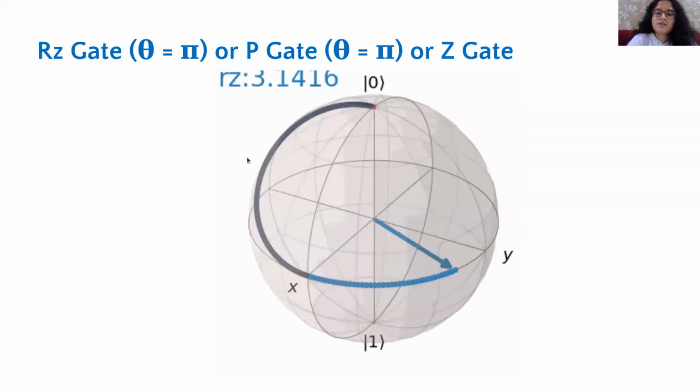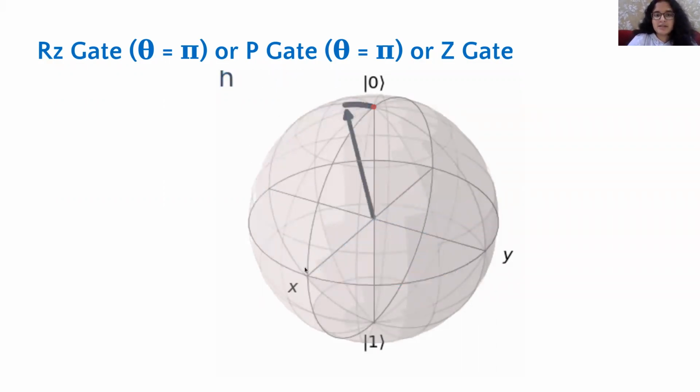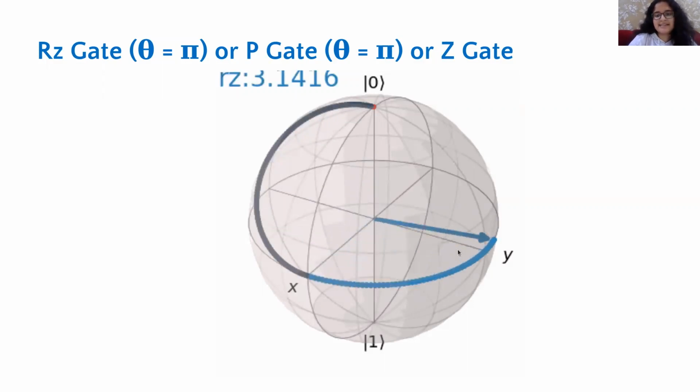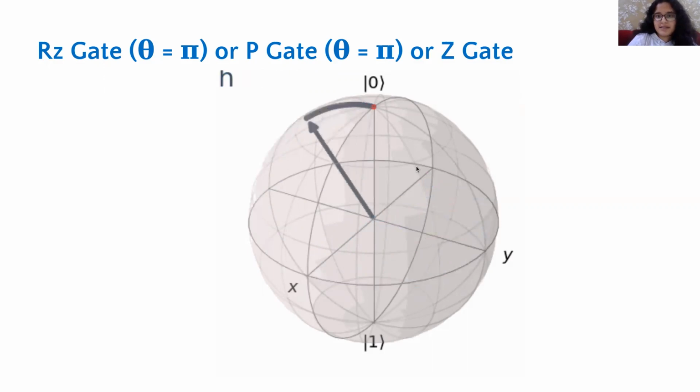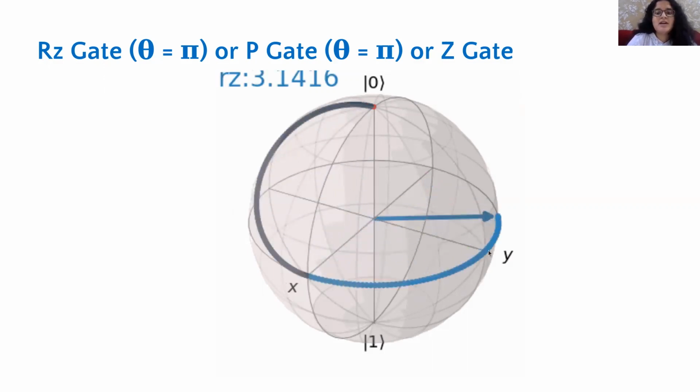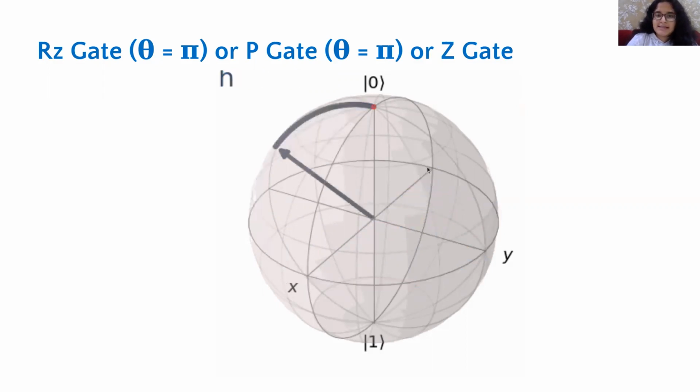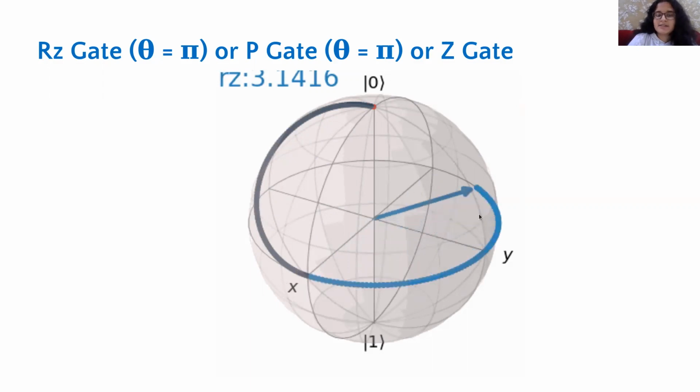Therefore, we first transform it to the ket plus state using the Hadamard gate, which we have seen in a previous video, and then see this rotation about the Z axis. Now, because theta is 180 degrees here, we see the operation to be just like the Z gate, as there is a 180 degree rotation about the Z axis.